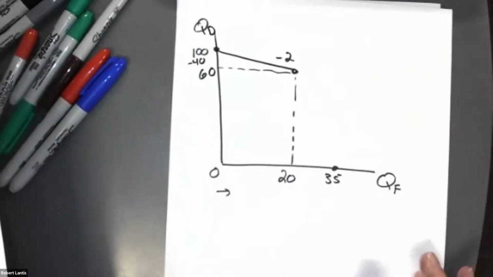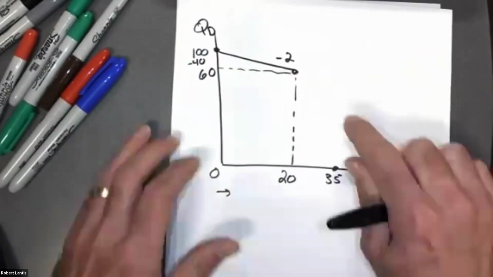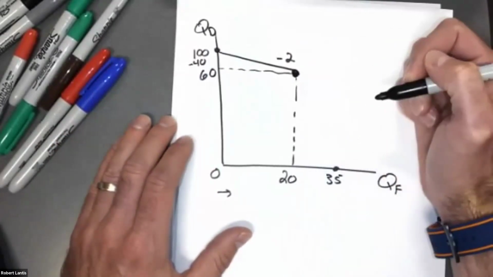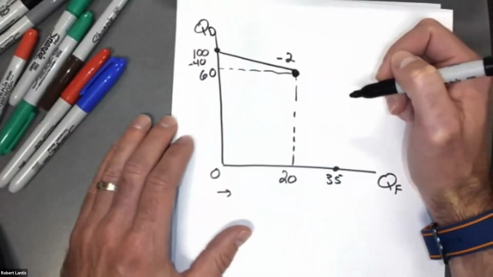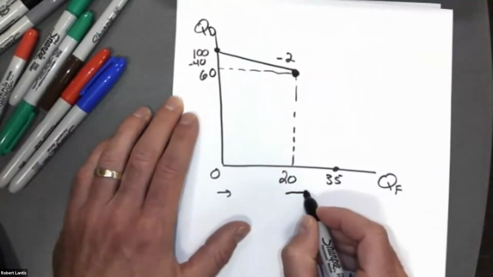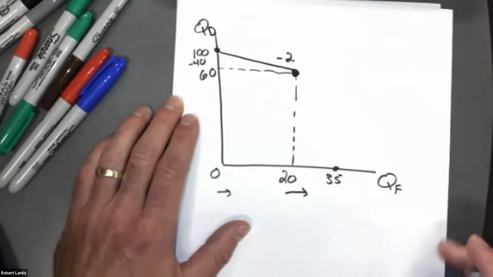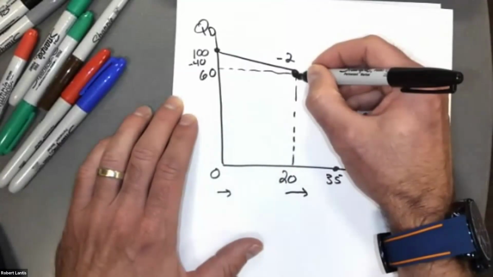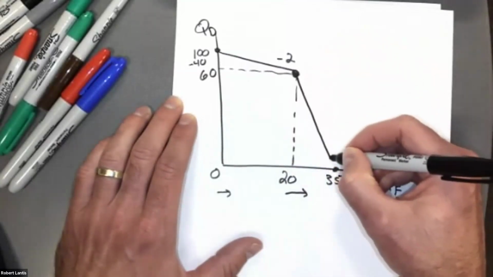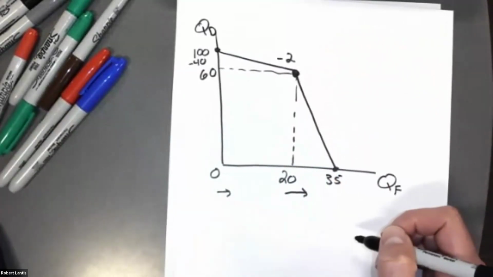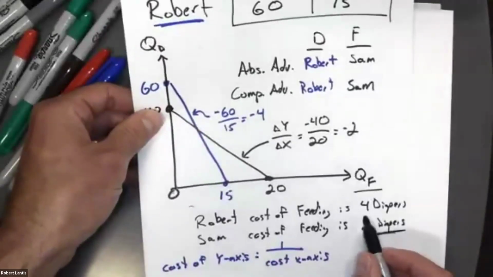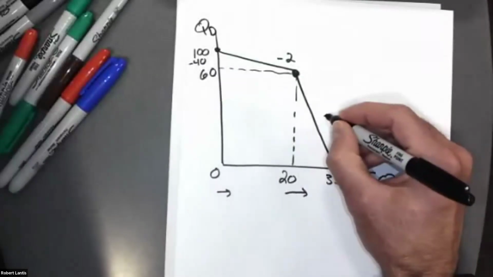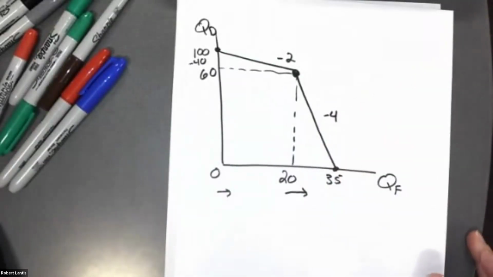So that point where each individual is only doing what they have a comparative advantage in, that's going to be this point in the middle. If we want to go any further than 20 for our x-axis good here, or we want any more additional feedings, well, Sam's used all of her resources. I'm going to have to now start relying on the second person in my economy, and their cost was 4 diapers, or the slope of their production possibilities curve was -4.